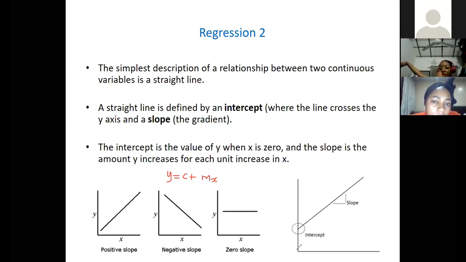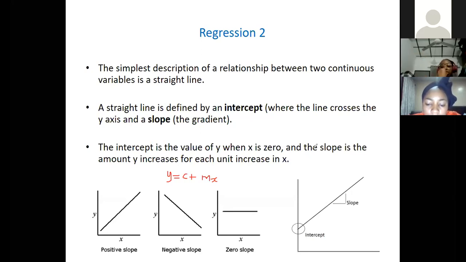If the slope is 2, y will be whatever x is multiplied by 2. So the constant is there. Even when x is not there, y still has something. That is, when x is 0, y has something. So I think you understand the equation now.